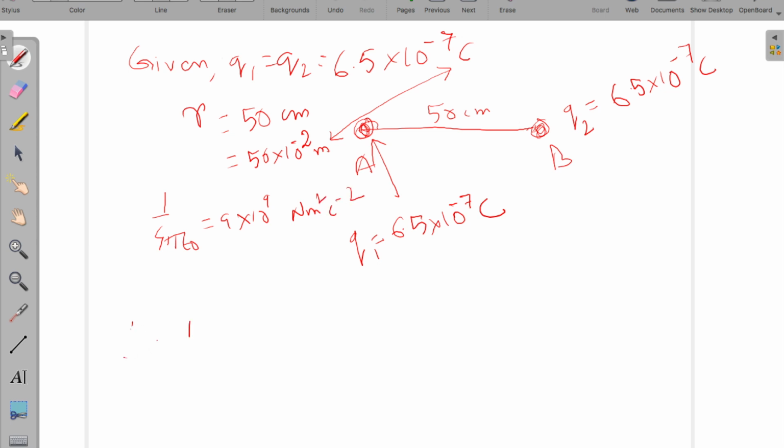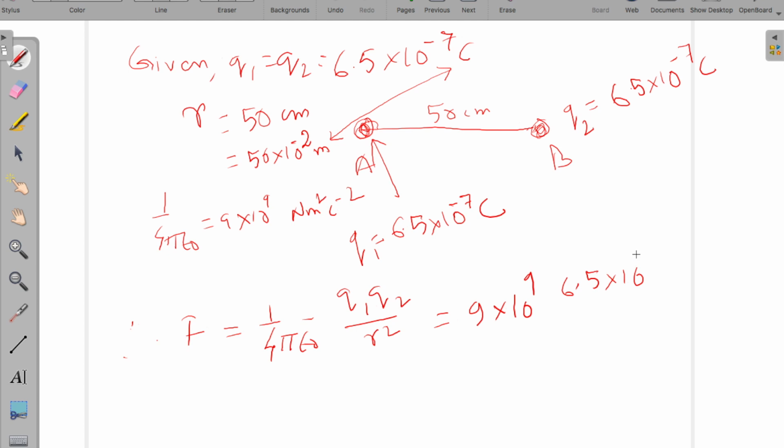Therefore the electrostatic force of repulsion is given by 1 by 4 pi epsilon naught Q1 Q2 by r square. We will substitute all these values here: 9 into 10 to the power 9, then Q1 value 6.5 into 10 to the power minus 7, again Q2 value the same 6.5 into 10 to the power minus 7.